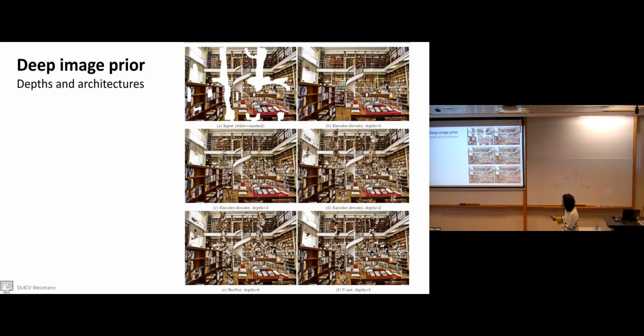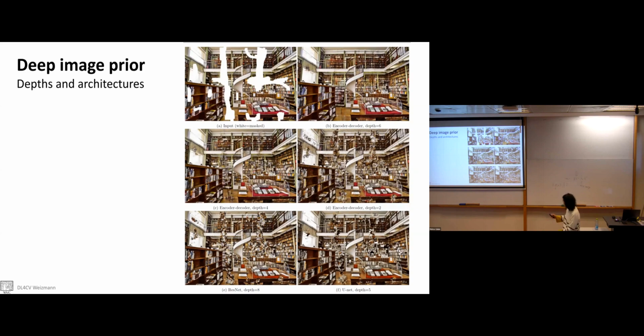This is the in-painting with a very large hole, like what you see here. What they wanted to explain is that the depth is also very important. If the depth is 6, for example, like here, you get a better result than if the depth is 2, what you see here, because the receptive field has a significant role. You have to get multiple scales in order to get good restoration.